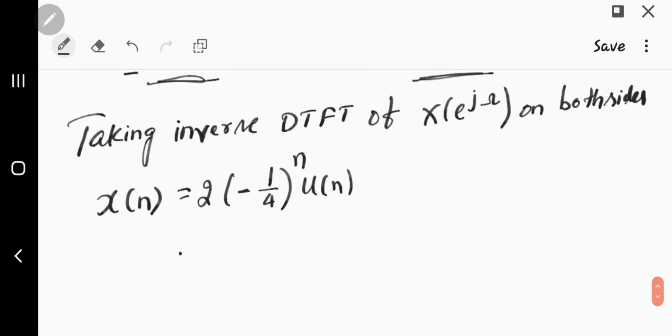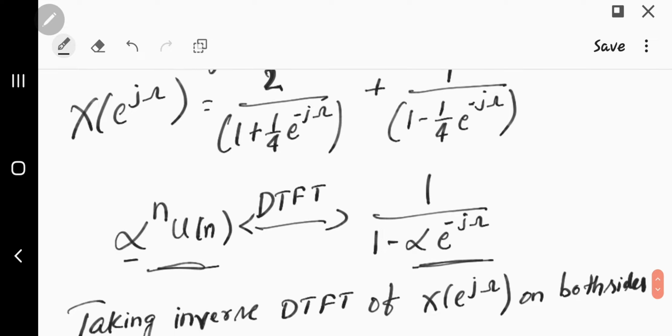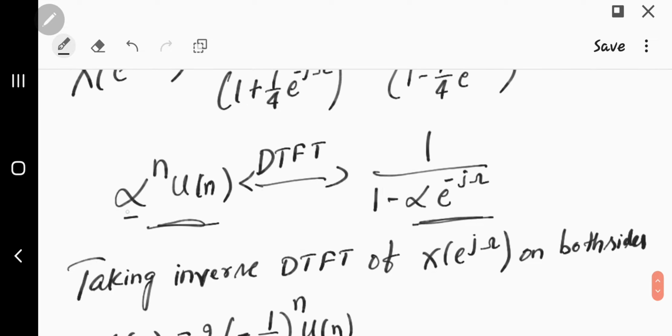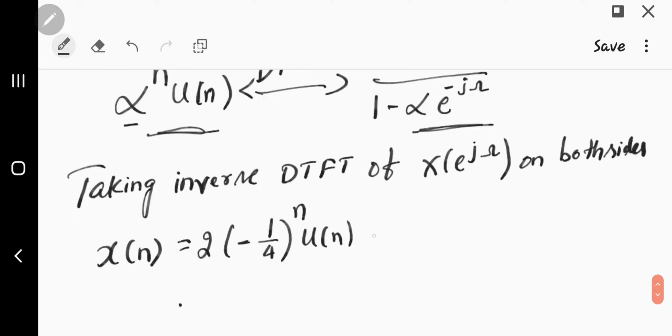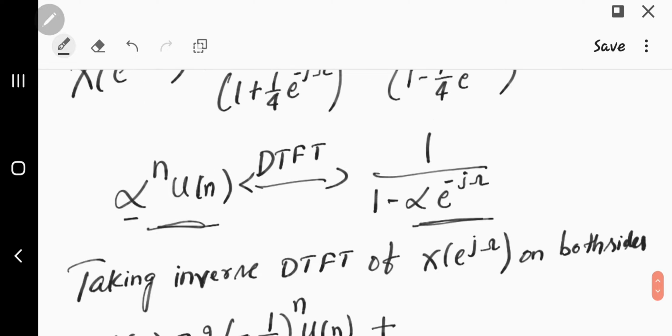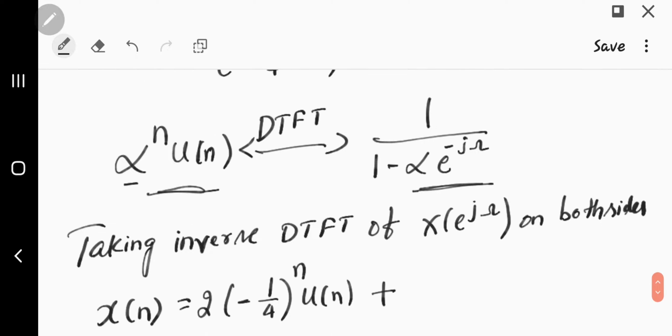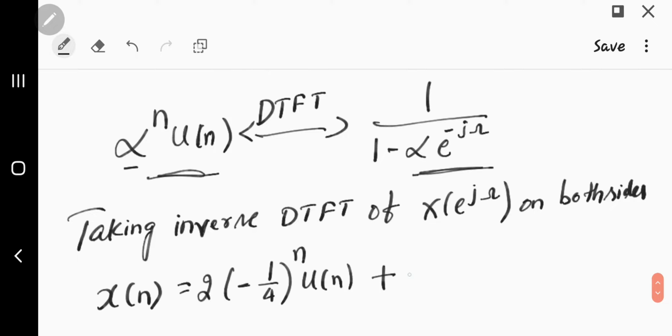2 is the amplitude that I have written here, and in place of alpha we have 1 minus here, we have 1 plus, so that means the alpha value will be (-1/4)^n u[n], plus here 1 is the amplitude, so I am keeping it as it is.